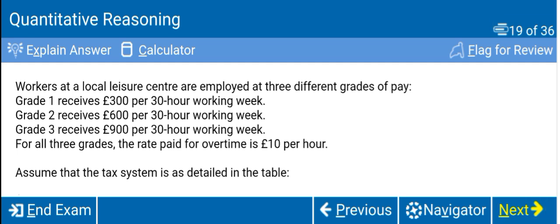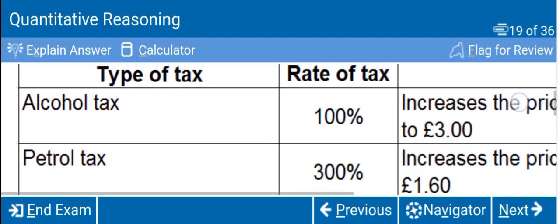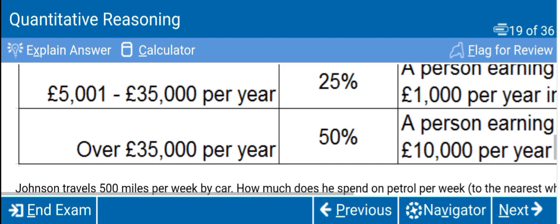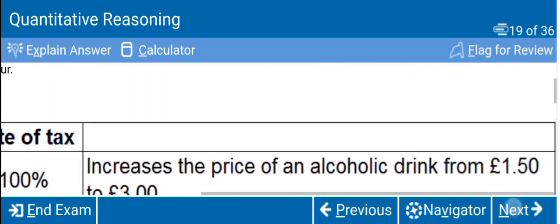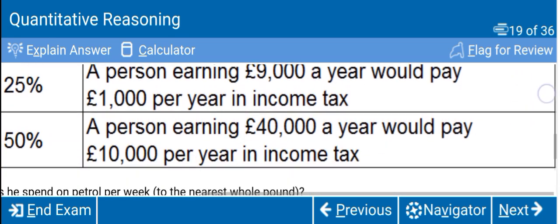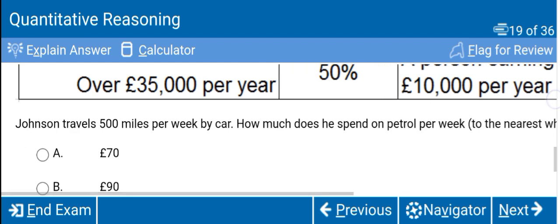Next question we have, question number 19. With the same information given, as you can see here, with the same information in the table, type of tax, rate of taxes, the question is that Johnson travels 500 miles per week by car.